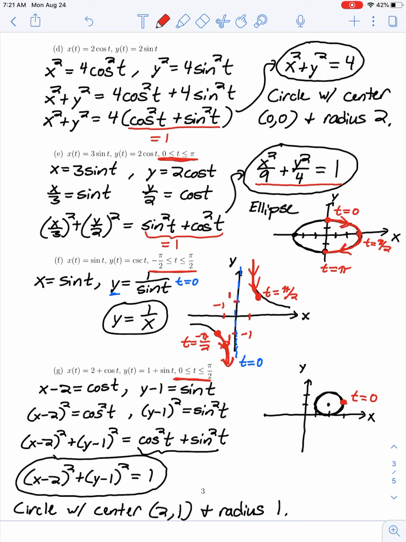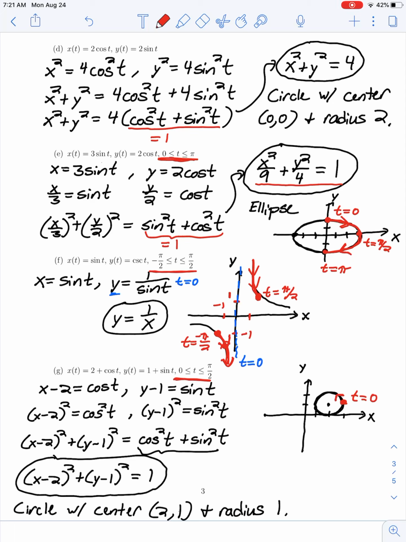But looking at our y equation, 1 plus sine of t, well, as t starts to increase from 0 towards pi over 2, we know that sine of t will be increasing, so y is increasing, which means that we are moving from our initial point in an upward direction, or an increasing value of y.